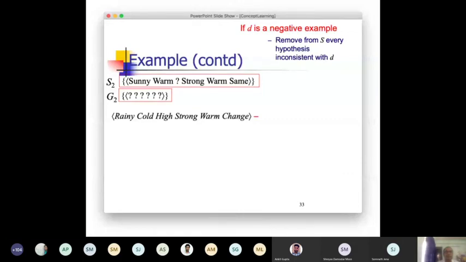If I put all question marks and strong, no, you are saying negate one attribute. Yes, sir. That means strong means weak. So all question marks, weak. Will that be a consistent hypothesis?